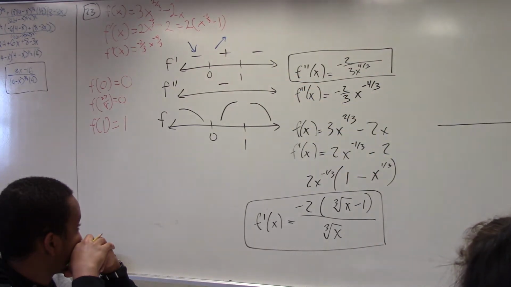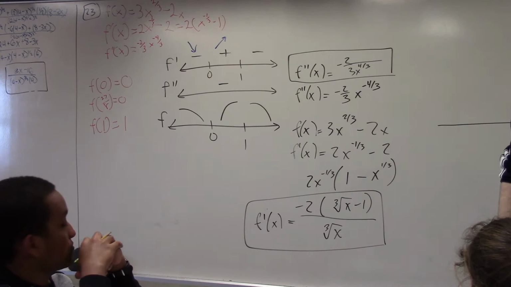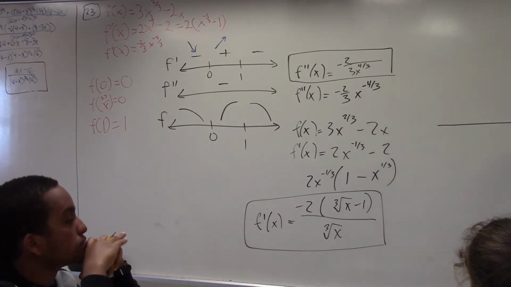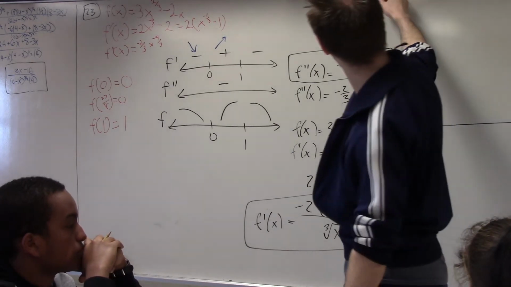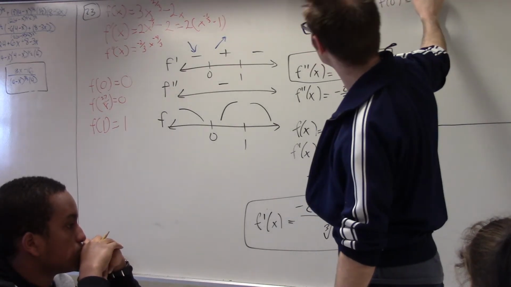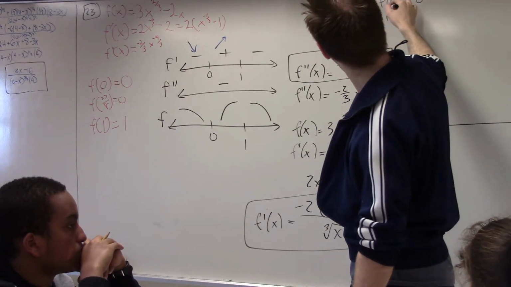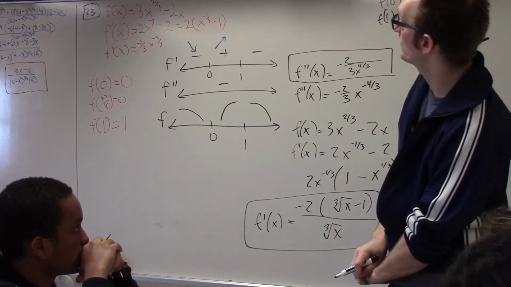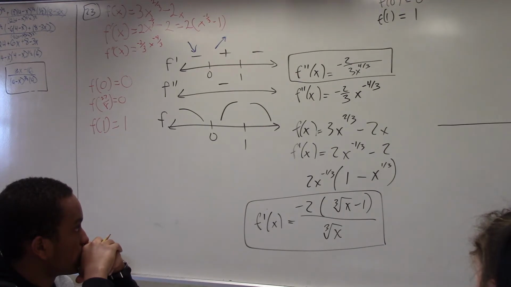So what's happening? I know that if I have a relative min at 0, I should plug in 0. So if I plug in 0, I get 0. And if I plug in 1, I get 3 minus 2, which is 1. And what's happening at 1?